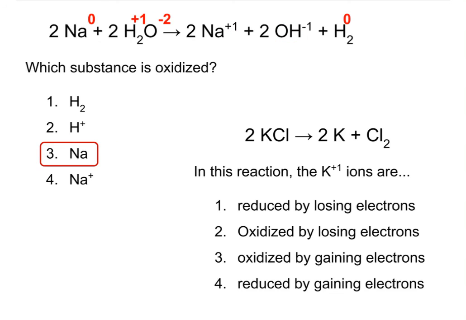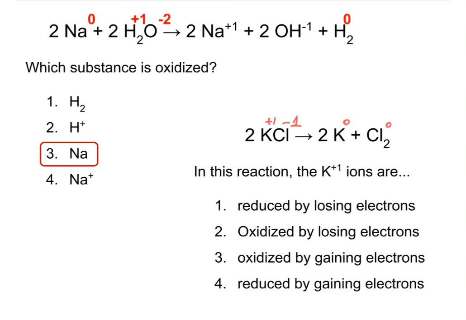Okay, last practice question for this video. In this reaction, are ions of potassium reduced, oxidized, gaining or losing electrons? So let's quickly assign the oxidation states. So +1 for potassium, -1 for chloride, and here uncombined elements are 0.